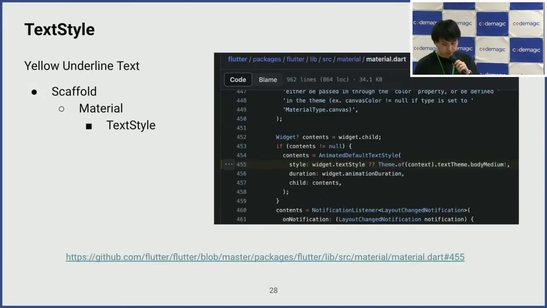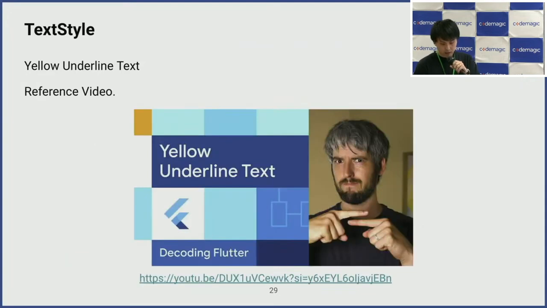Why is that? That's because Scaffold uses the Material widget, and in the Material widget the default text style is set. When you set the inherit property to false, it means that this text style is used. If you are interested in the yellow underline text, please check out the video on YouTube for an easy to understand explanation.